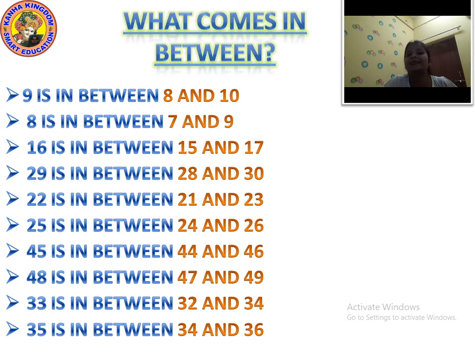Now 16. 16 comes in between 15 and 17. 29 is in between 28 and 30.